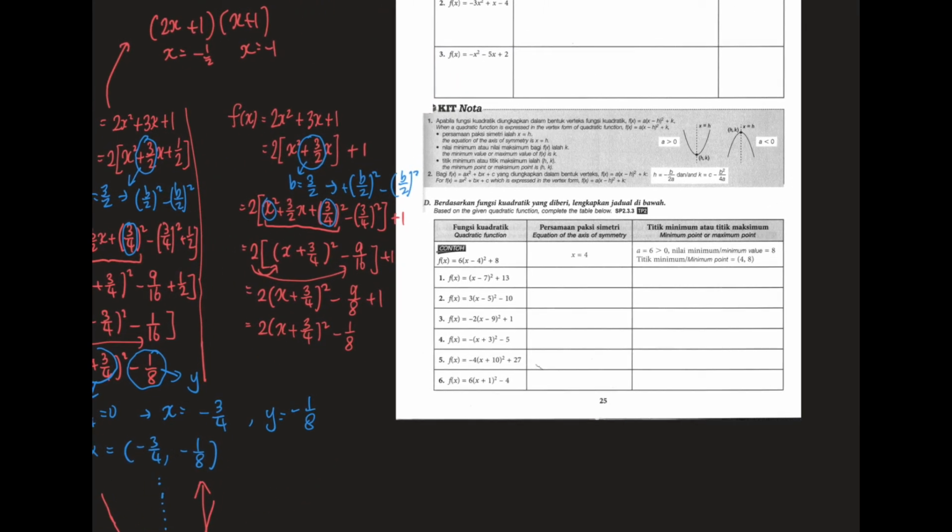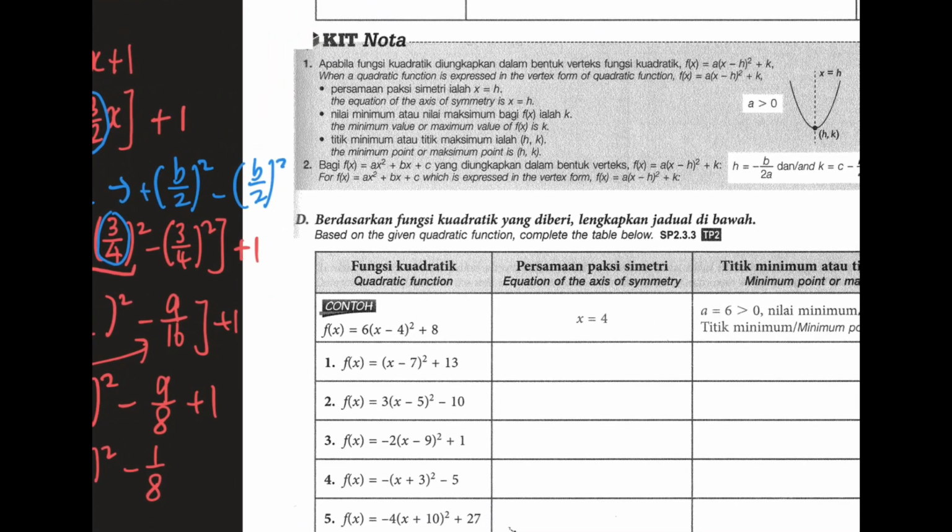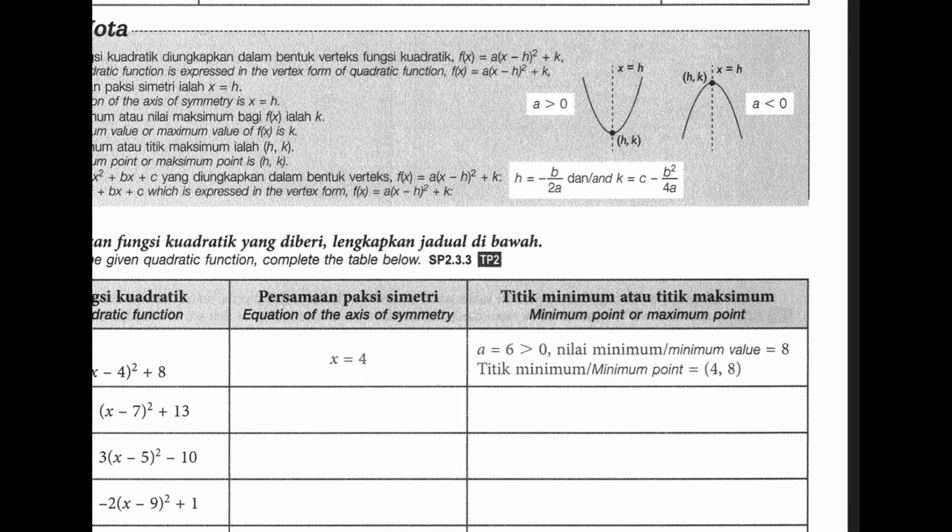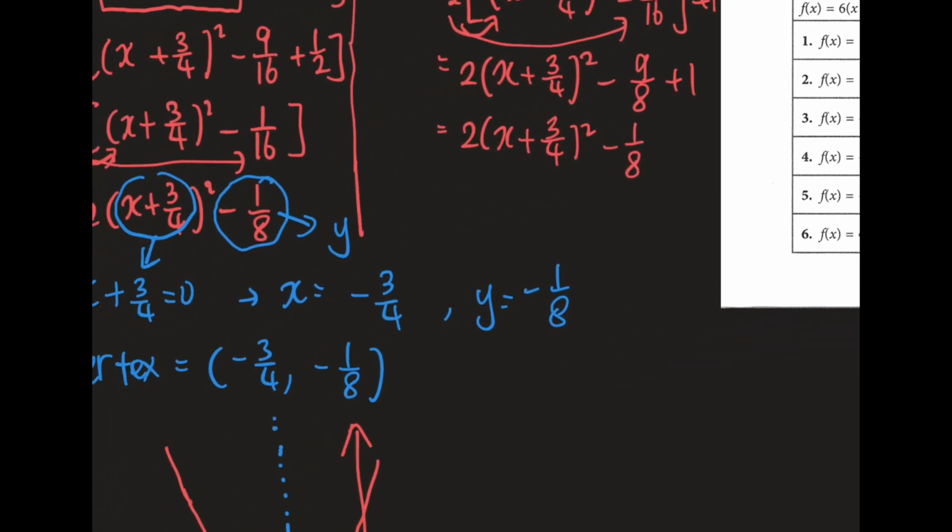Okay, now let's see the next one. The next information, the third point. The minimum point or maximum point is (h, k). Okay, so it depends on a. So if a is greater than 0, so this is the minimum point. If a is less than 0, then this is the maximum point. Okay, so how to get h and k? Always remember, you see our example just now.